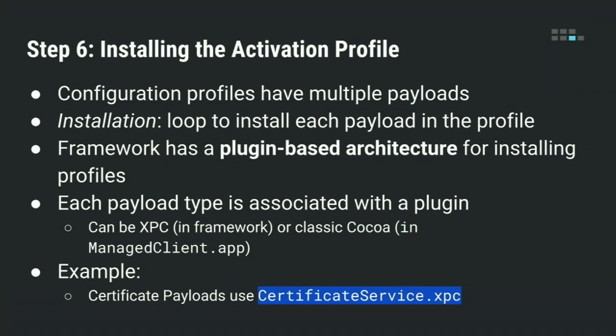And so, for example, if you are using the configuration profile to deliver a certificate, it will be installed by a certificate XPC service. Now, XPC services are the modern way to achieve privilege separation on macOS. Interestingly, plugins can either be in the main framework or in the older managed client application. And so that can make things relatively confusing when you're looking for traces.